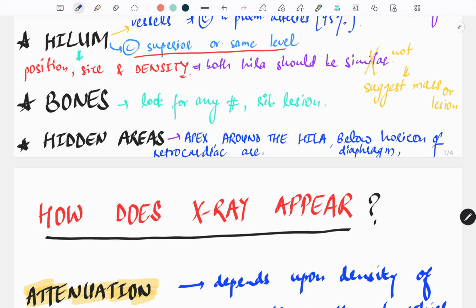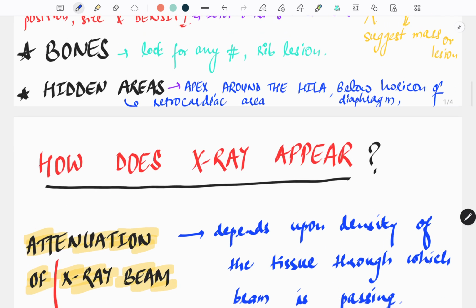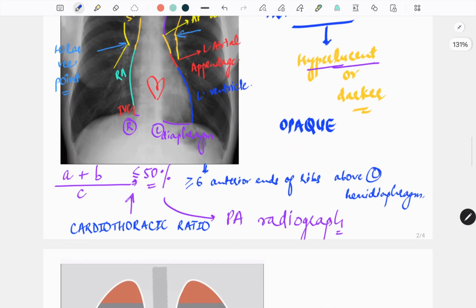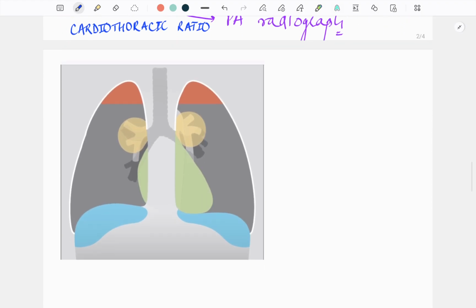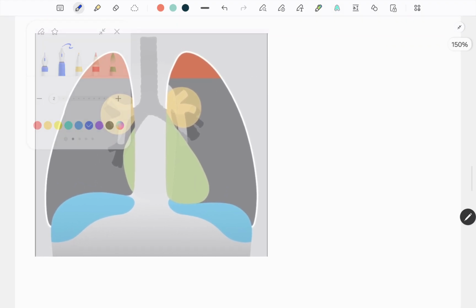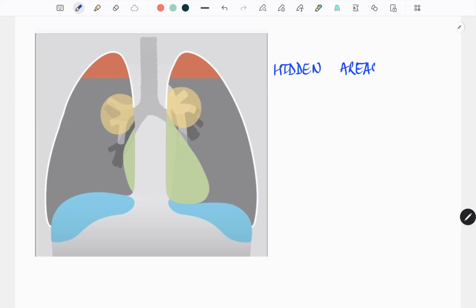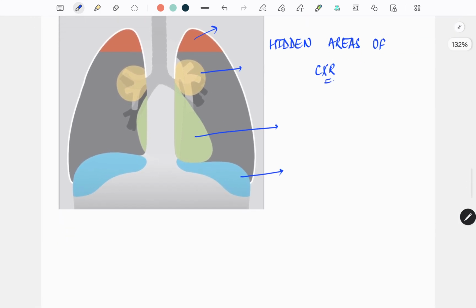The retrocardiac area. These are the hidden areas of the X-ray and we should clearly see them. This is the apex, around the hilum, retrocardiac, and below the horizons of the diaphragm.